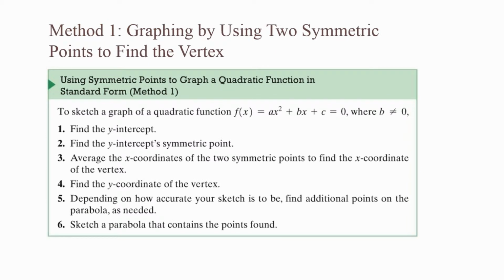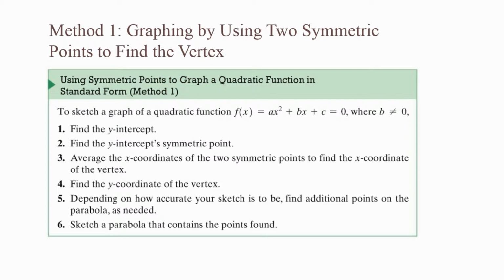Using symmetric points to graph a quadratic function in standard form, method 1. To sketch a graph of a quadratic function, f of x equals ax squared plus bx plus c, where b does not equal 0: 1. Find the y-intercept. 2. Find the y-intercept's symmetric point. 3.